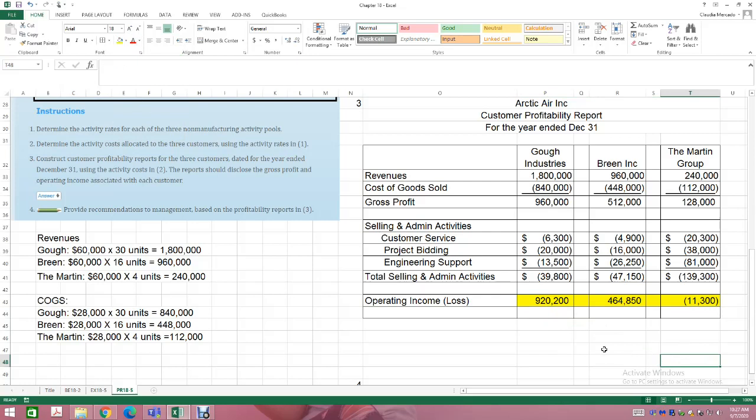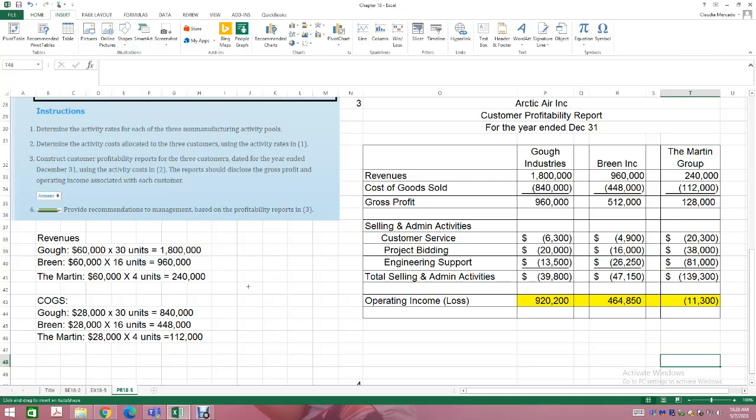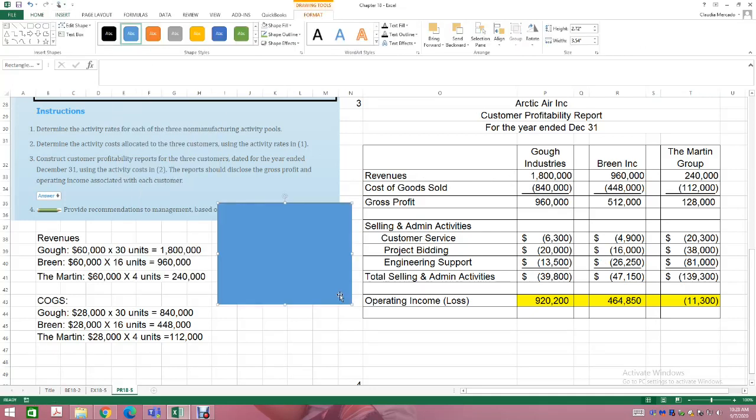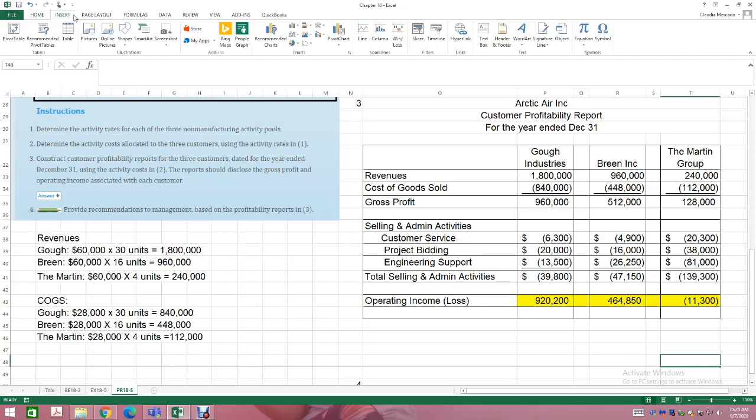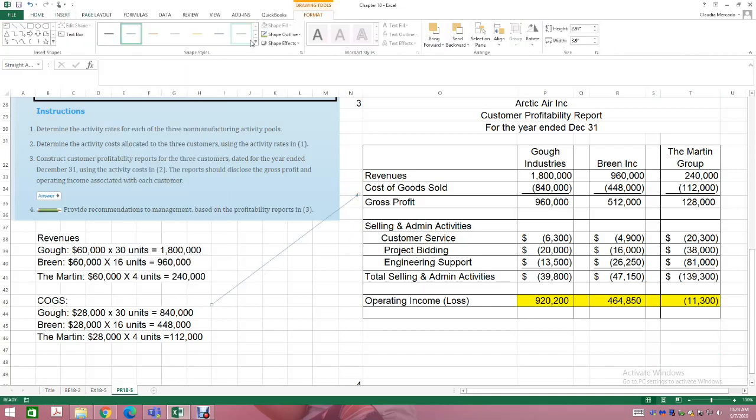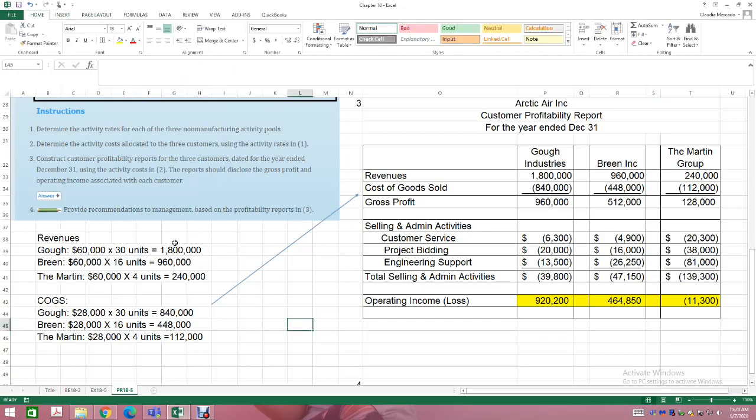Now, this is the customer profitability report. This is very important that you know how to do. The calculations for your revenue and your cost of goods sold are right there, so you know how we got each of these numbers.